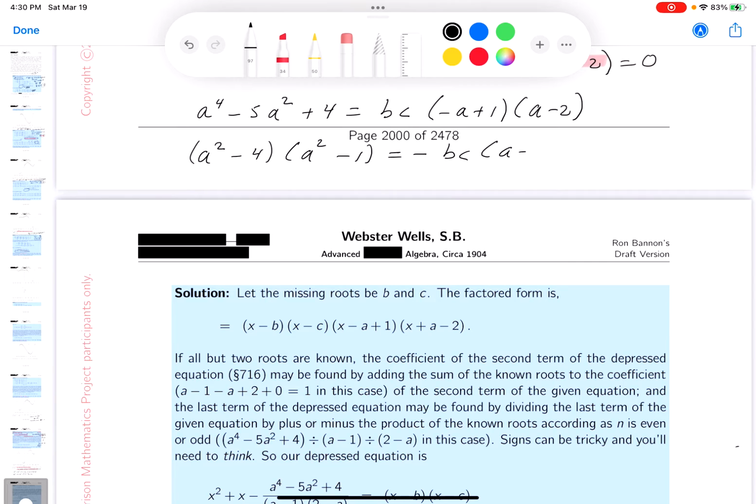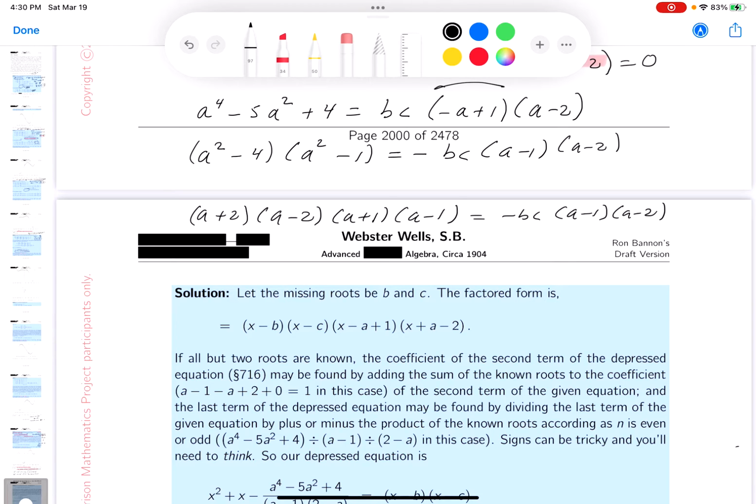And write a minus 1. I factor out minus 1 from this factor over here, a minus 2. I'm going to factor, and this can be a plus 2, a minus 2, a plus 1, a minus 1, and this will equal minus bc, a minus 1, a minus 2.